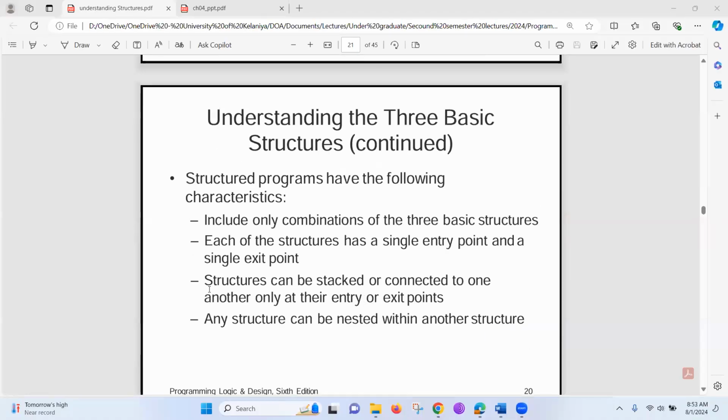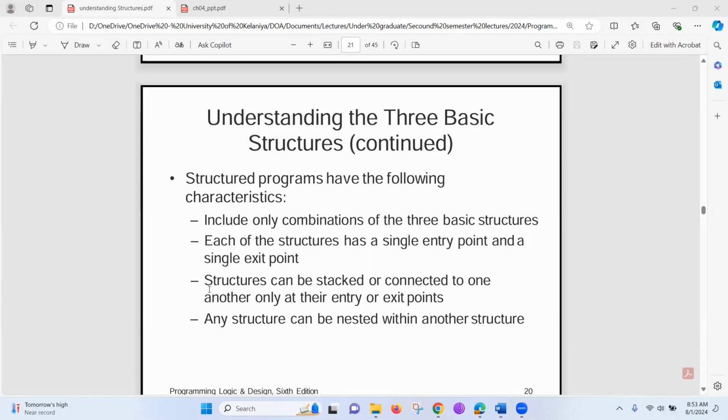Here, understand. Ultimately, you need to understand that structured programs have the following characteristics. What are the characteristics? They include only a combination of three basic structures. In your levels, we are discussing three structures: sequential, decision structure, and looping.